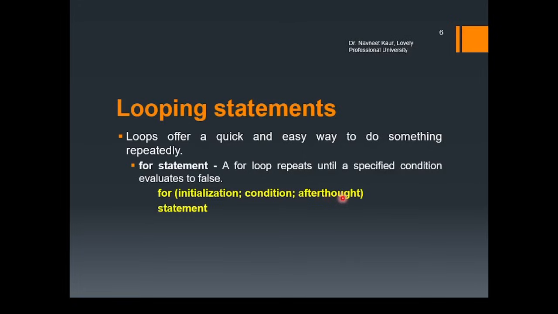You might want to increment or decrement, or let's say you might want to perform any other arithmetic operation. Now after the specific condition is reached, it has to come out of that loop. But till the time the condition is satisfied, it will keep printing this statement. It will come out of this loop only when this condition gets false.